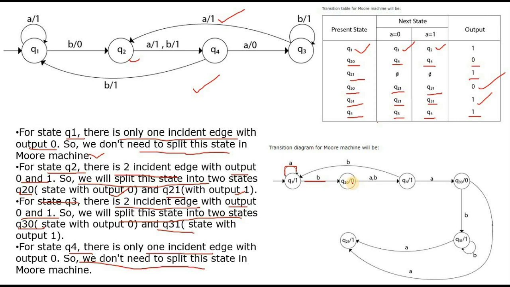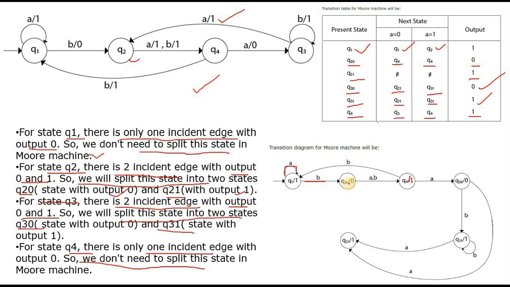Next state is from Q2 0 to A comma B. A comma B will go to Q4, but with output 1. So Q2 0 has 1 output; Q2 0 we do not require, Q2 1 we do not require, Q2 1 is undefined, right?